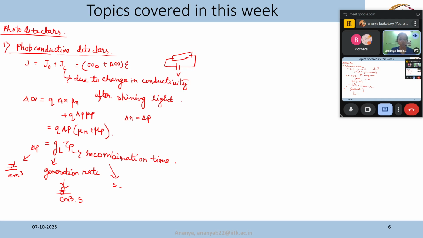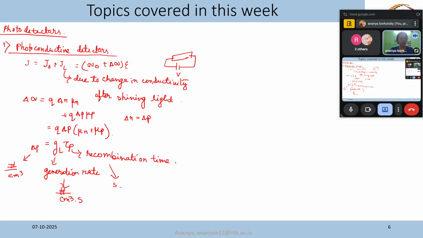Now what kind of photon can we detect? The photons that get absorbed, right? And whether a photon will get absorbed in a semiconductor or not depends on the band gap of the semiconductor, right?